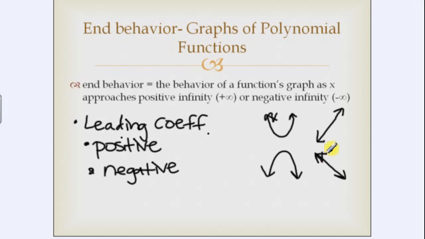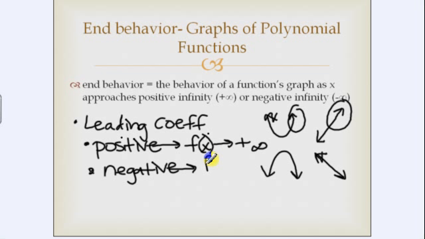If it has a positive leading coefficient, the function's right end behavior is it's going to be approaching positive infinity, like this or this. If the leading coefficient is negative, then the right end behavior, again as x approaches positive infinity, well, the function will be approaching negative infinity.